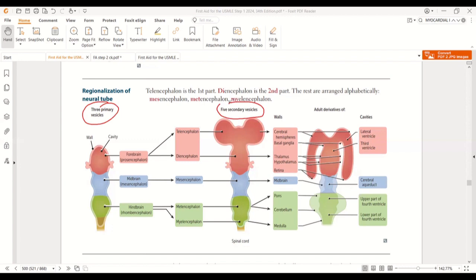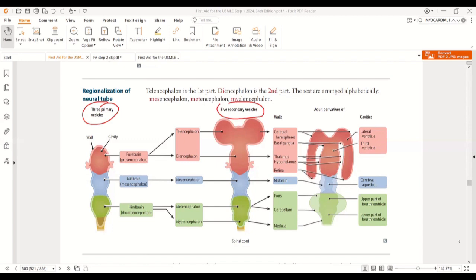So the neural tube has three primary vesicles and five secondary vesicles, and the walls of these vesicles give rise to the brain and brain stem structures, while the cavity of the neural tube gives rise to the ventricles and aqueduct.